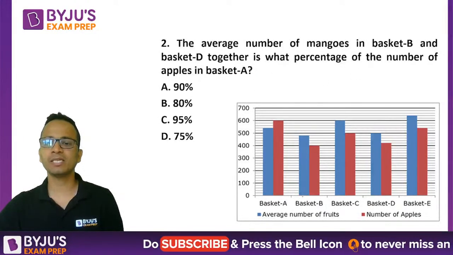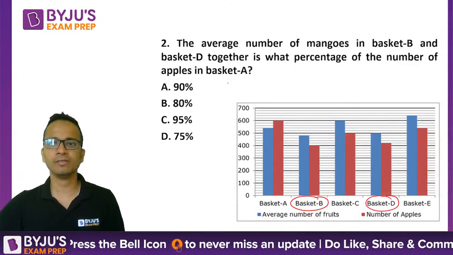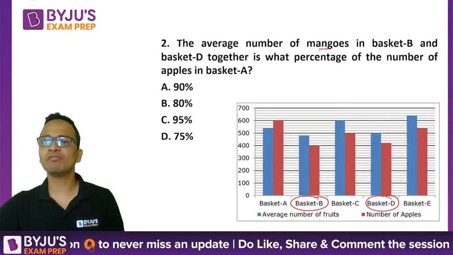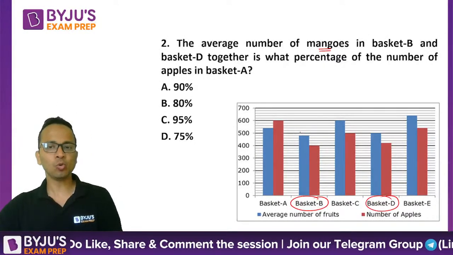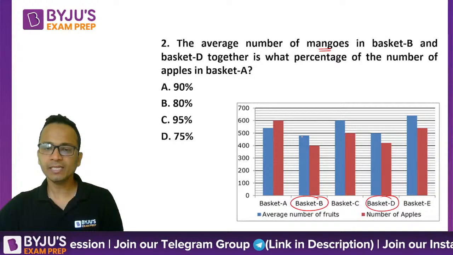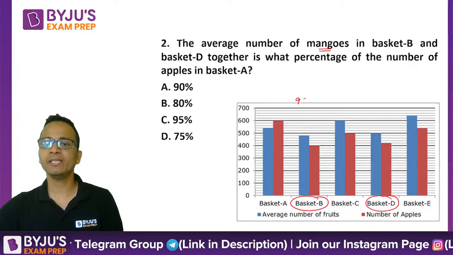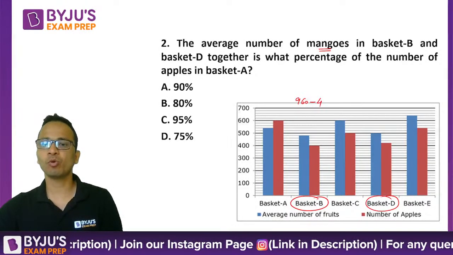They're talking about basket B and basket D, these two baskets. And they're talking about the number of mangoes. So number of mangoes पहले calculate करते हैं. For that, total fruits for basket B, 480 into 2, that is 960, minus the number of apples, which is 400.